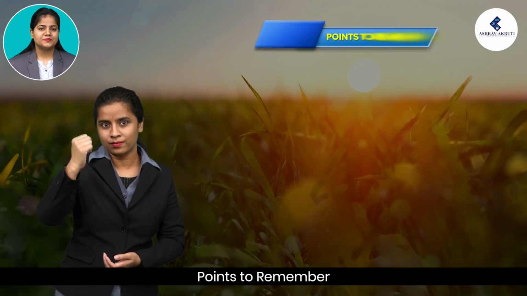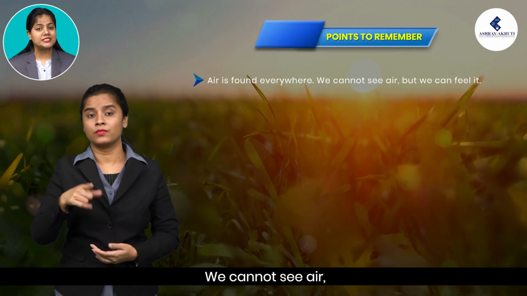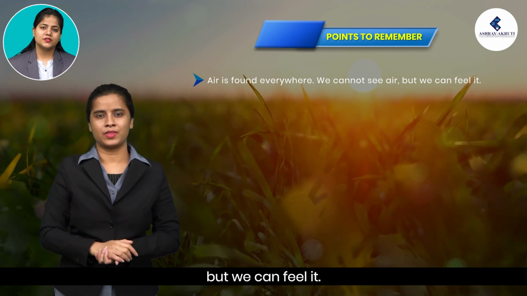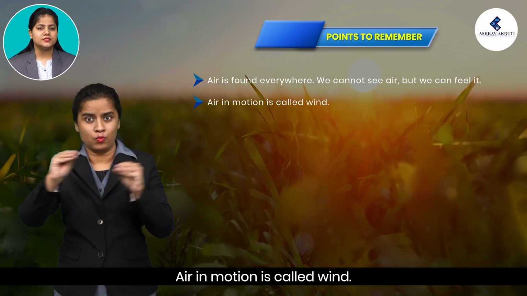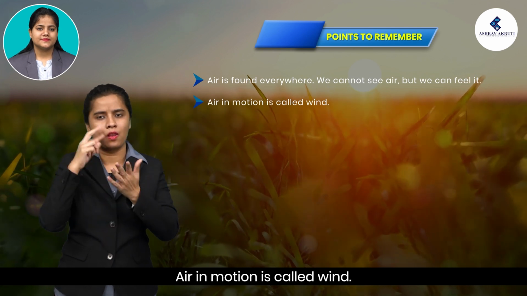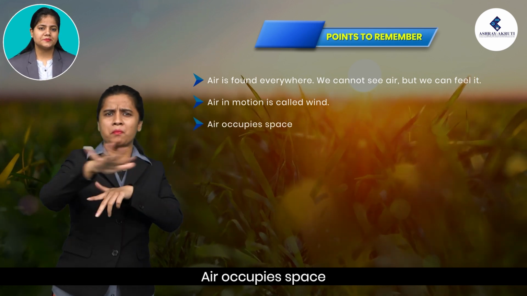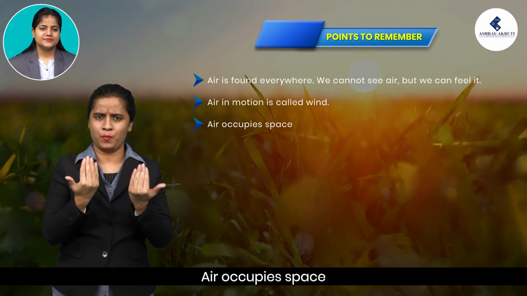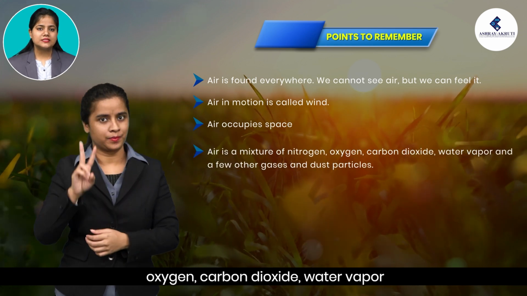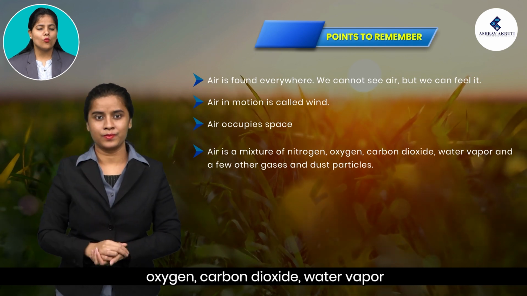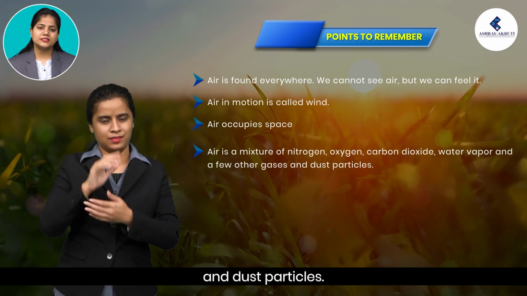Points to remember: air is found everywhere. We cannot see air, but we can feel it. Air in motion is called wind. Air occupies space. Air is a mixture of nitrogen, oxygen, carbon dioxide, water vapor, and a few other gases and dust particles.